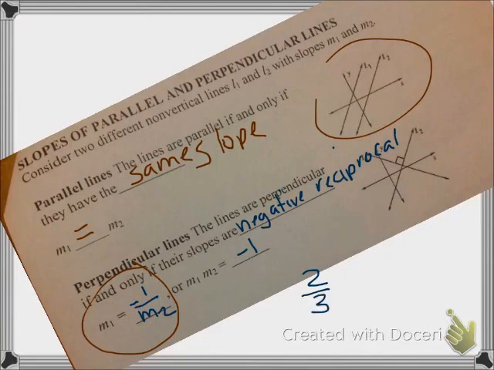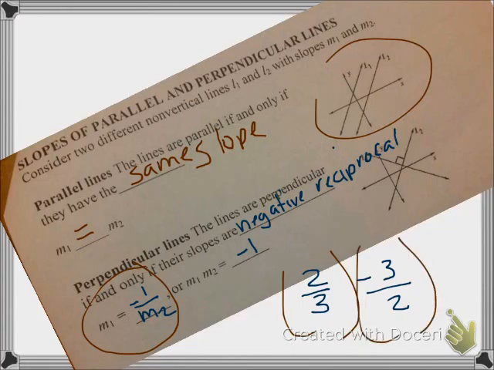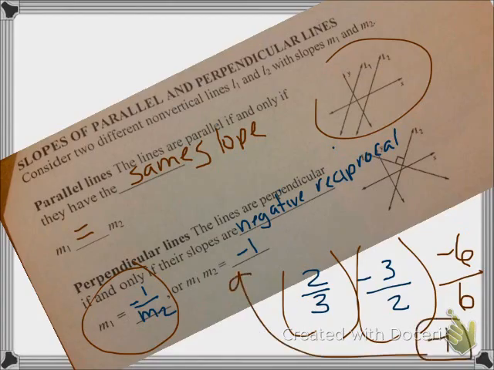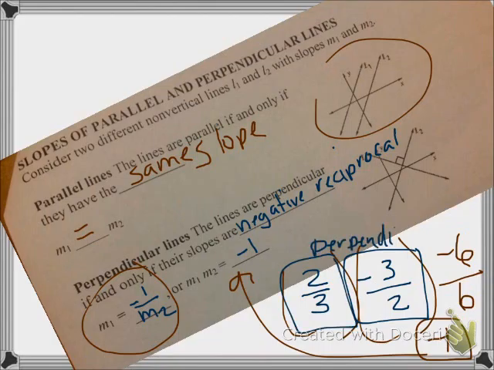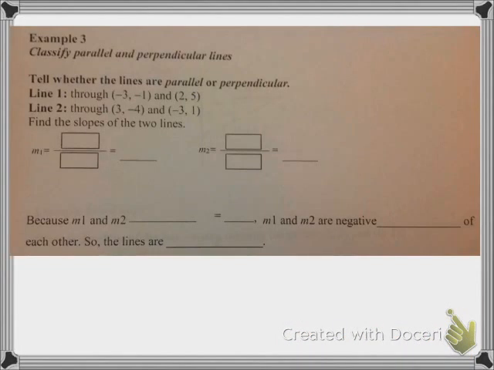The reciprocal of 2/3, you flip it around, it's 3/2, but it would have to be -3/2. So if I multiply these together, that's -6/6, which equals the -1 that it's specifying right there. So that makes these two slopes perpendicular.